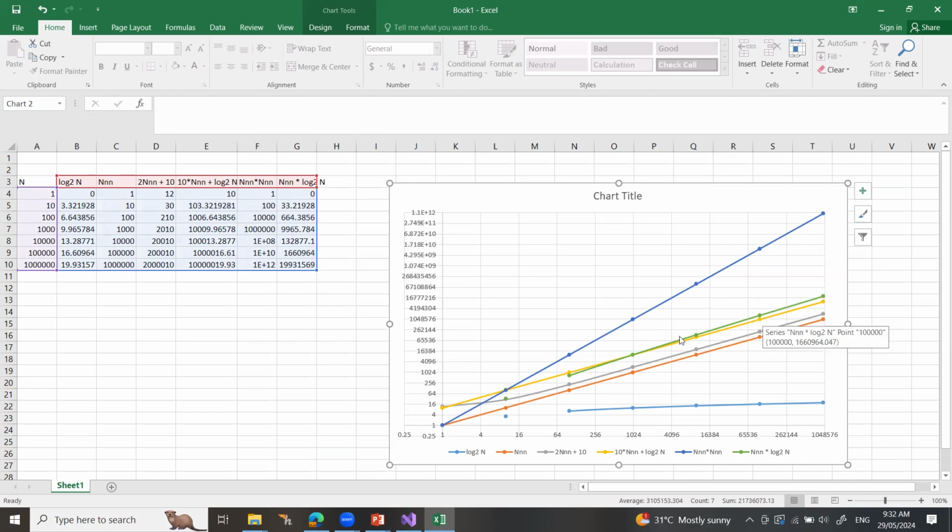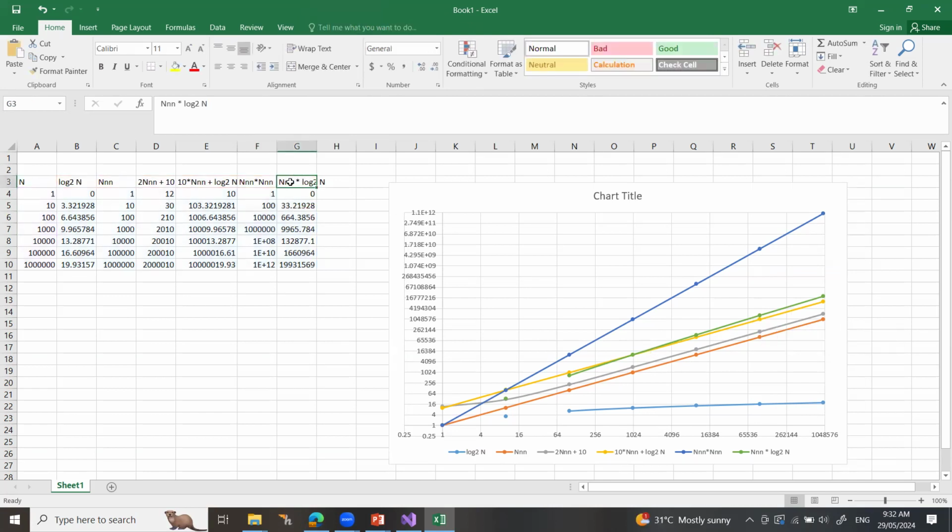Is that making sense now? So instead of adding, where you'll have something that's obviously dominating, when you multiply two complexity classes against one another, you will get another one that is worse than the worst of the two.